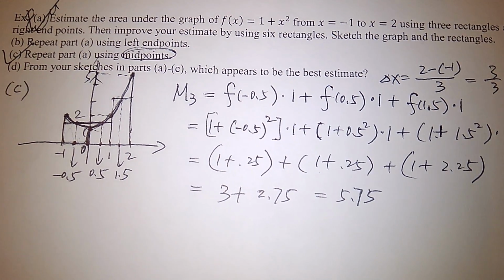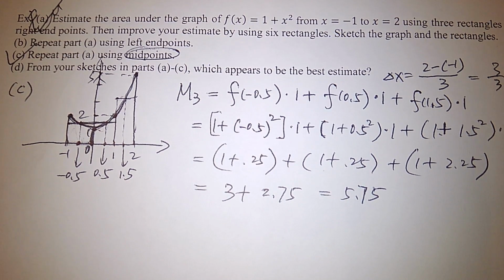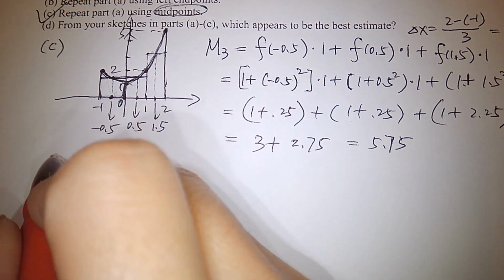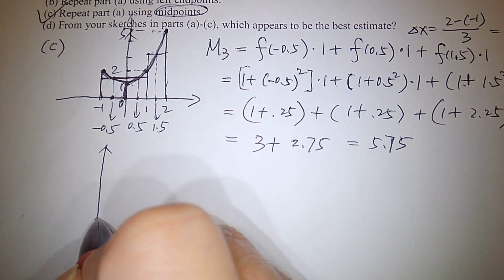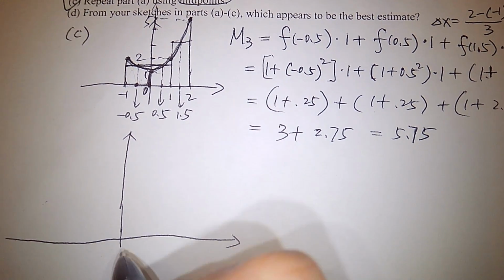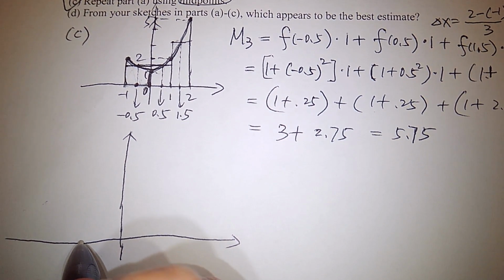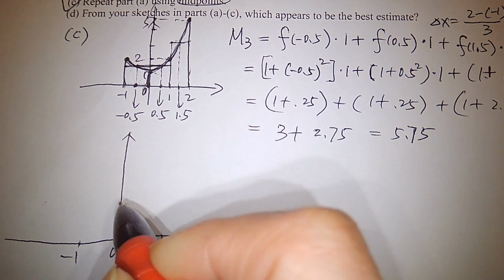How about if we're using 6 rectangles, still using the midpoints? Let's redraw a picture. I want to draw a bigger, wider picture for us. Just -1, 0, 1, and 2.